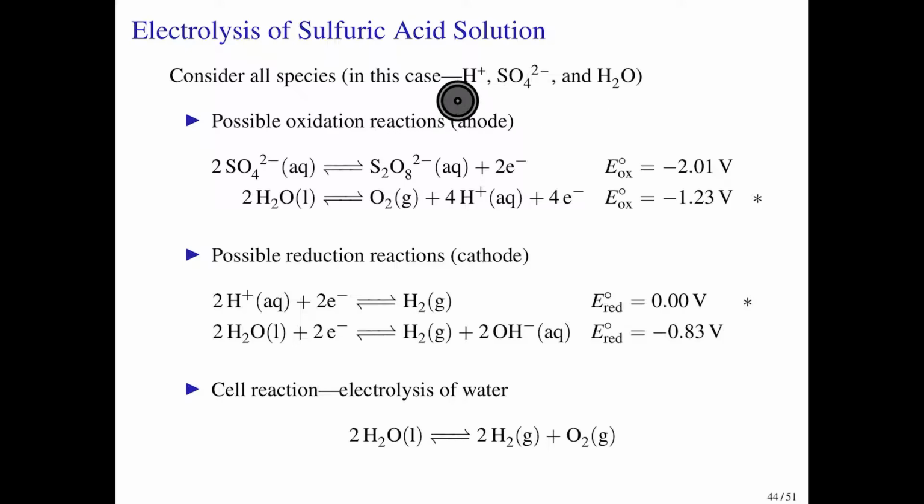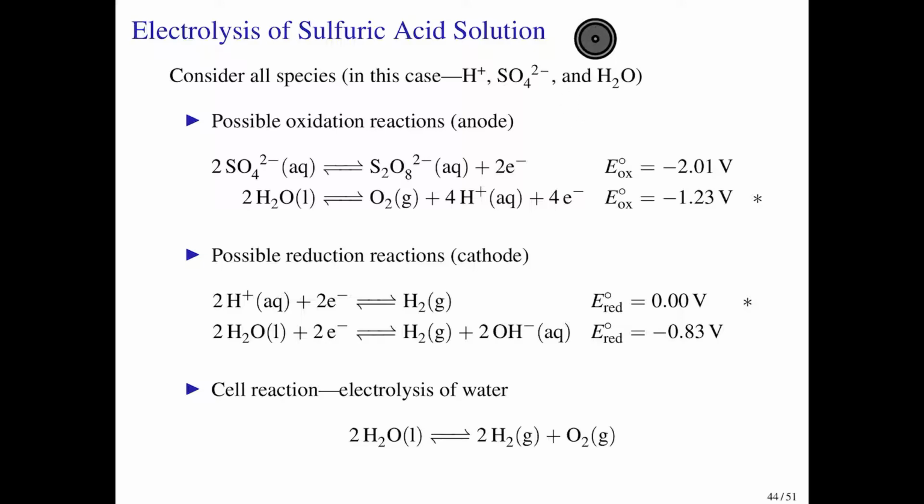Remember that oxidation occurs at the anode, and so H plus can't be further oxidized. So H plus is not going to be involved in any of the reactions at the anode. However, the sulfate could be oxidized to this disulfate species. Water could also be oxidized, and you need to be able to figure out what could be the products if you oxidize water.